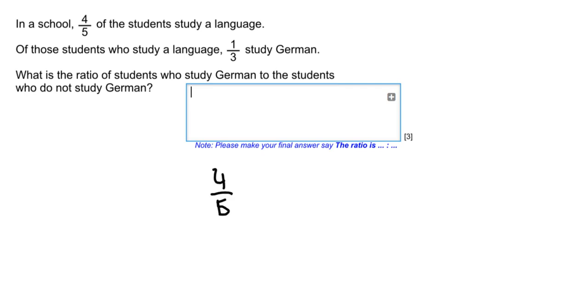And of those 4/5, 1/3 do German. So I can work out what's 1/3 of those 4/5. Well, I can use my knowledge of multiplying fractions to say that's 4 over 15. So 4/15 of all students study German.